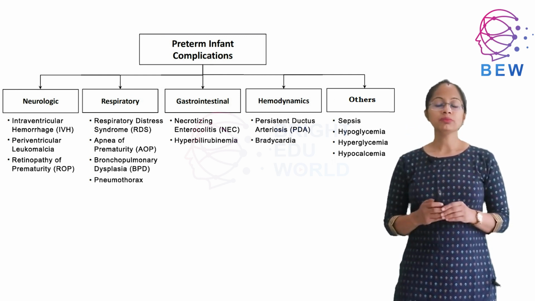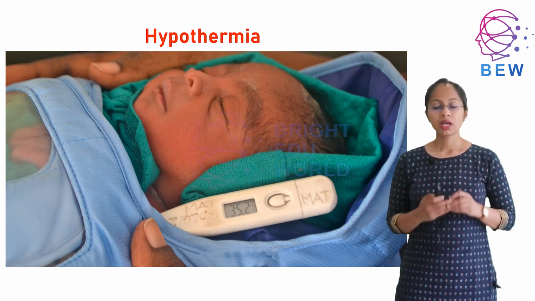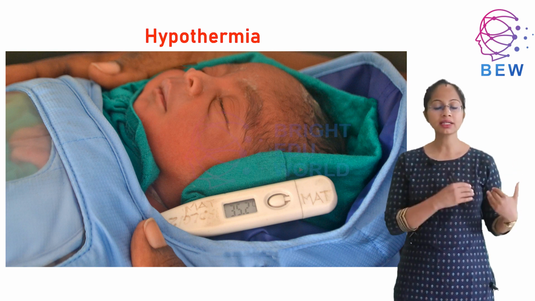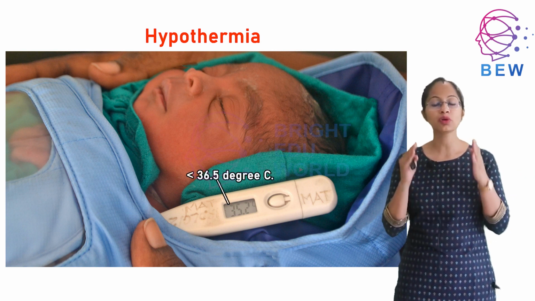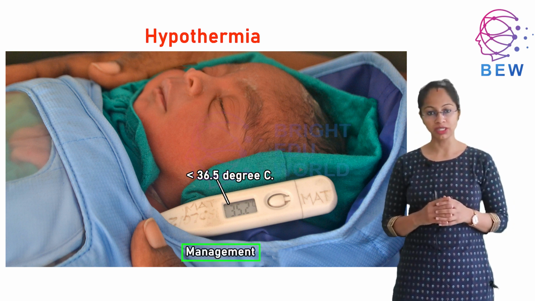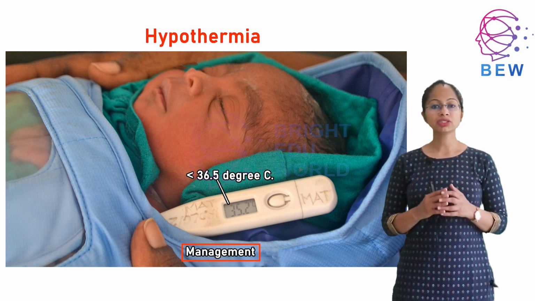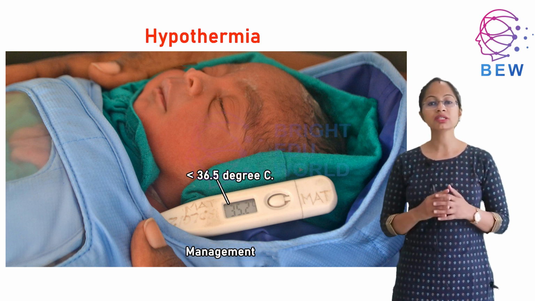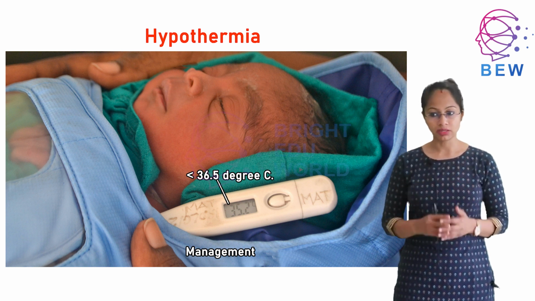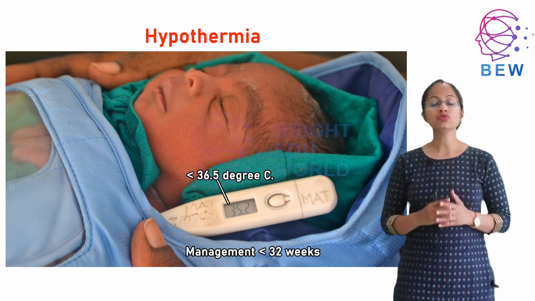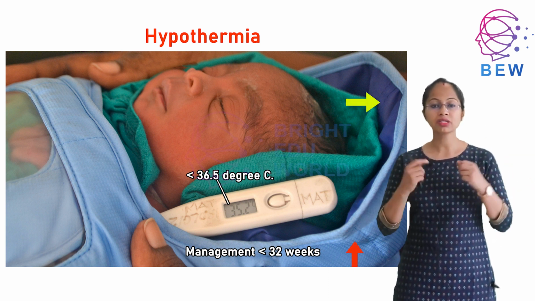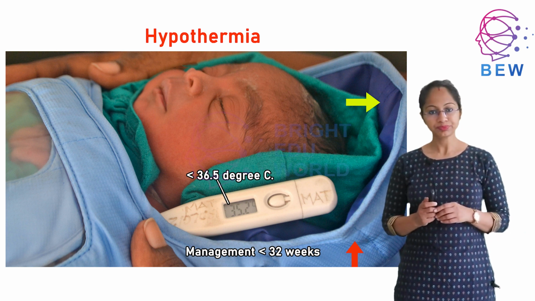Also very important problem is hypothermia. As I told you that neonatal hypothermia is defined as axillary temperature of less than 36.5 degrees Celsius. Okay, now how to manage hypothermia in preterm? According to the neonatal resuscitation guidelines of 2015, all the neonates who are born in less than 32 weeks of gestation should be wrapped in a polythene wrap and thermal mattresses should be provided to them.